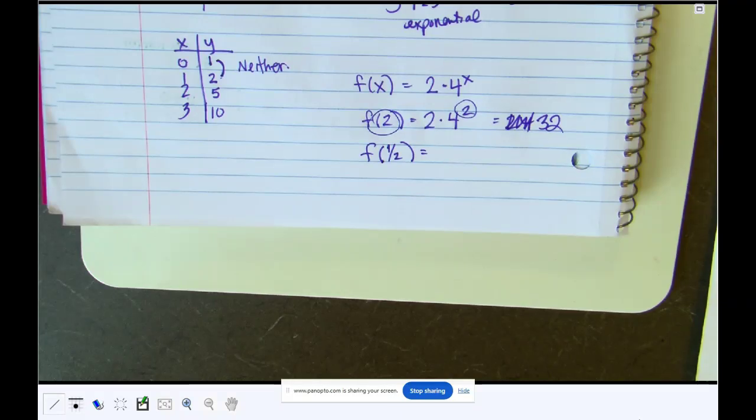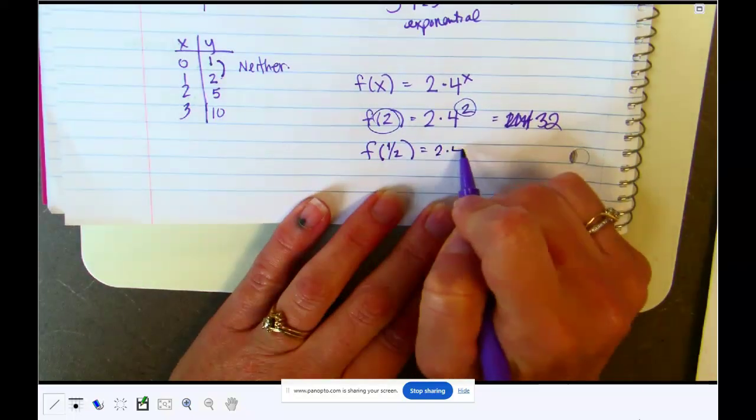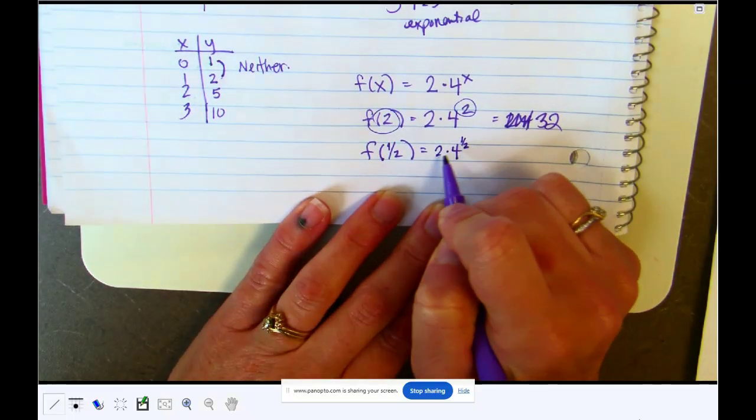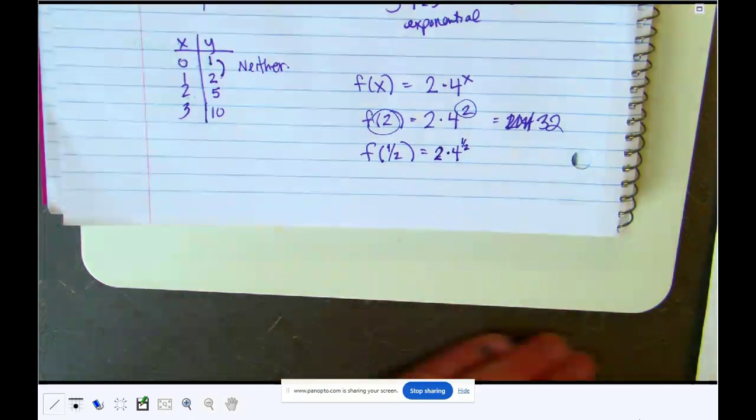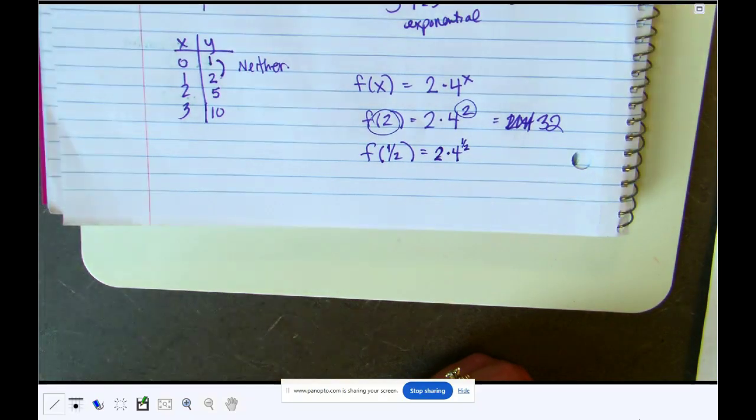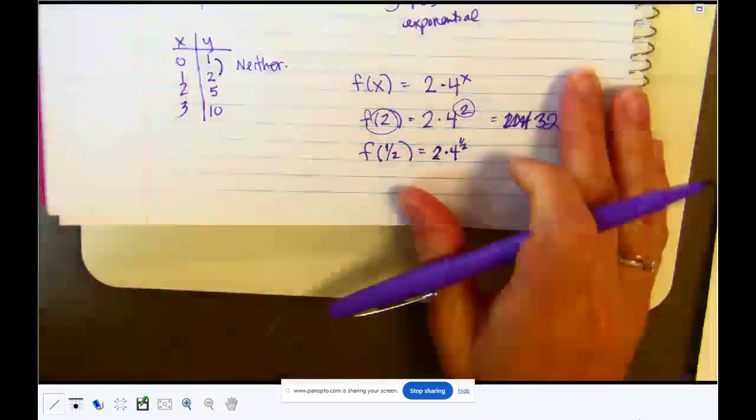What do you get? 1.549. I got 4. You didn't put it in right. Oh, that's a times. Yes, it's times. 2 times 4 to the 1/2. I thought it was 2 minus 4 this whole time. No, that's times. Okay.